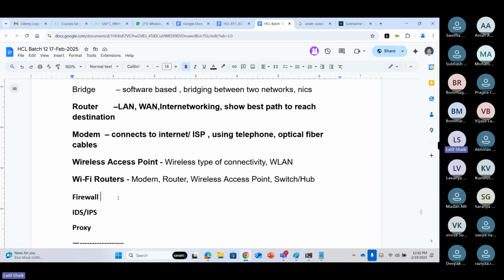Packets can come into your network through some exploitation, some loopholes, right? You want to find out what that packet is, without certain headers or proper source and destination. You can detect it using IDS devices, intrusion detection system. Next one is IPS, intrusion prevention system. It will prevent those exploitations from happening.